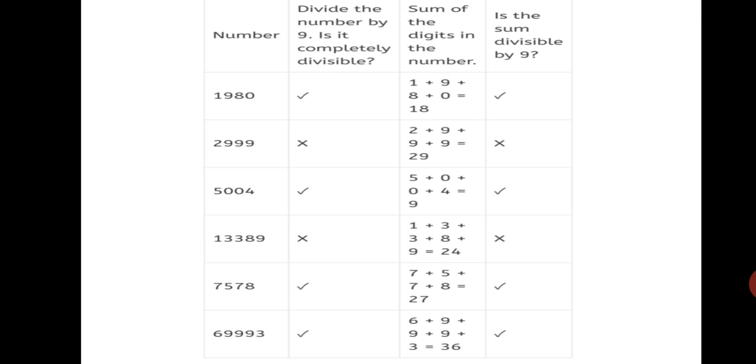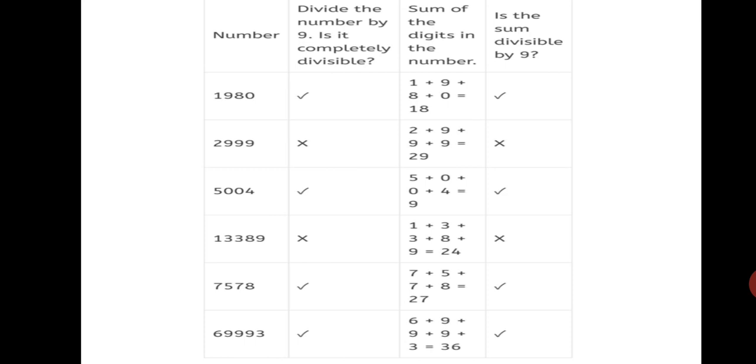So what do you understand from this table? Right now we are just trying to understand the test of divisibility. We are not solving any practice set. From this table we have come to a conclusion that if you add the digits and the answer is divisible by 9, then the given number is also divisible by 9.